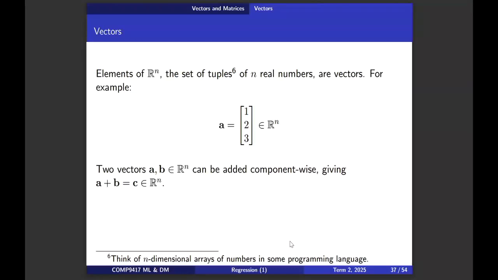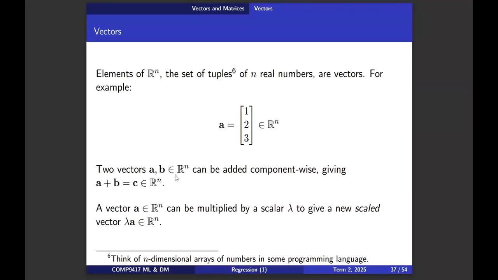Vector addition is component-wise. So you can add 2 vectors of the same dimensionality. So A and B have the same dimensionality. They're both in R^n. That's what this is, just the set element symbol. I know that for many of you this is revision, but I'm just going to go through it. So you can also have scalar multiplication.